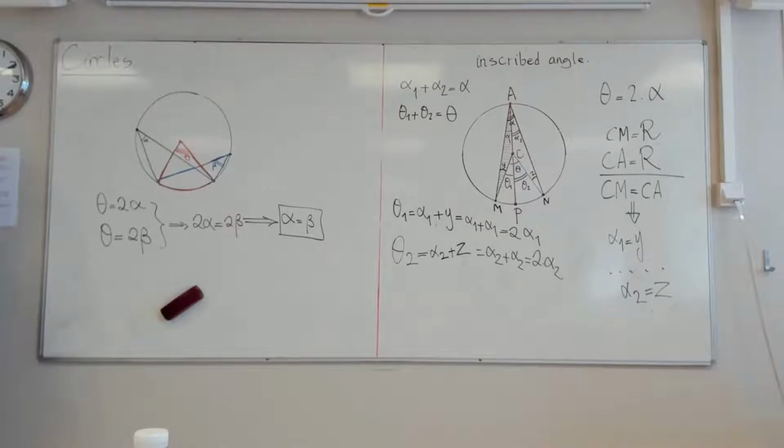But I think there's another way to... Yes, please. Yeah, just tell me how. Yeah, okay, so the two lines are crossing each other, and then we know that the opposite angles will be equal.